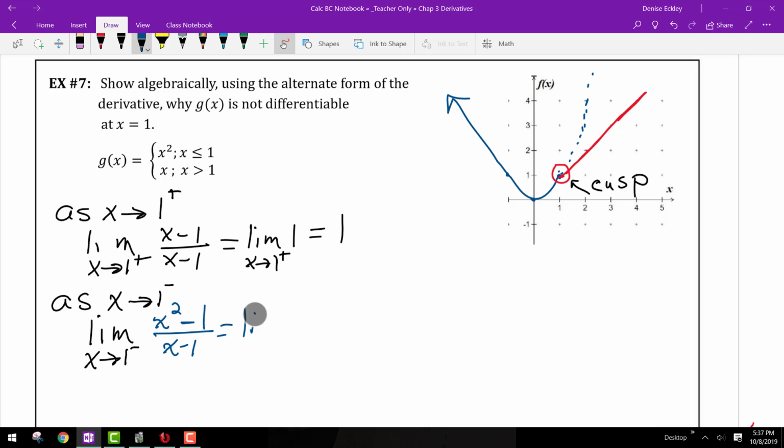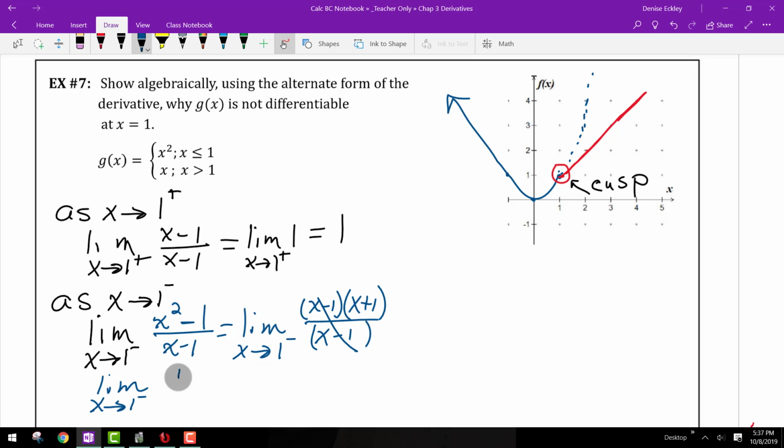So we have a little bit of algebra to do here. So we get x minus 1 times x plus 1 over x minus 1. So we're going to have the limit as x approaches 1 from the left of, whoops, not 1 over, of x plus 1. So doing direct substitution, we get 2.